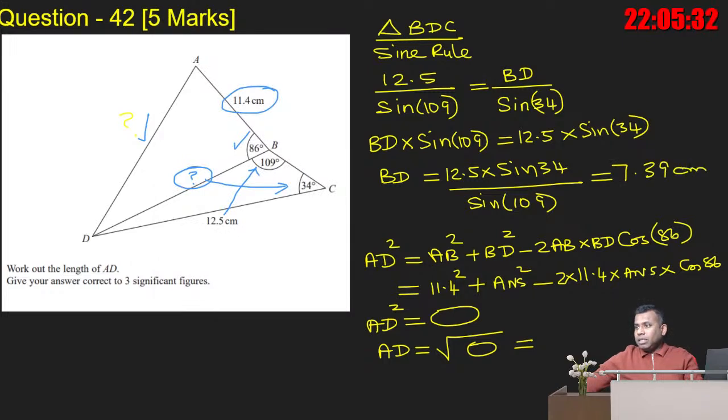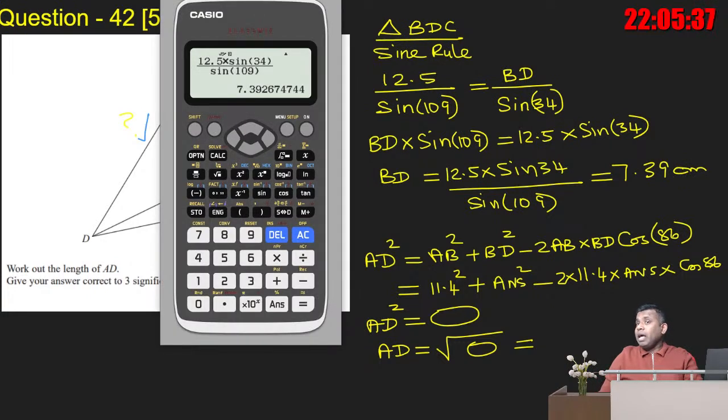So that is centimeters, but I am not going to be using the 7.39. The calculator will remember that answer in the memory. So now I am going to do 11.4 whole thing squared plus answer squared. This is what I'm talking about. Minus 2 times 11.4 times answer times cosine 86, right?